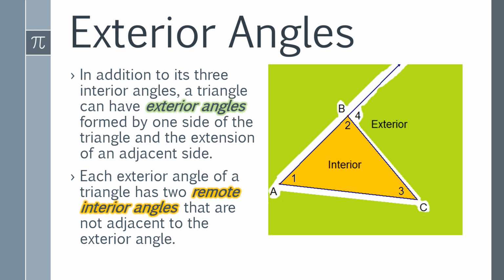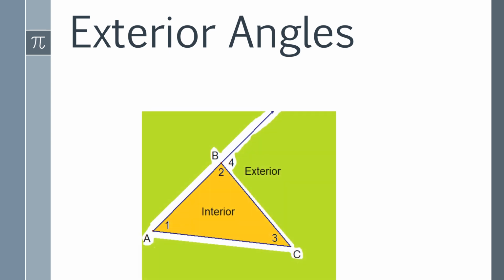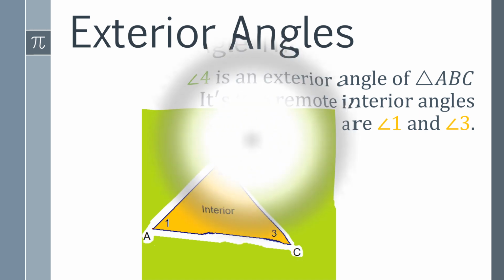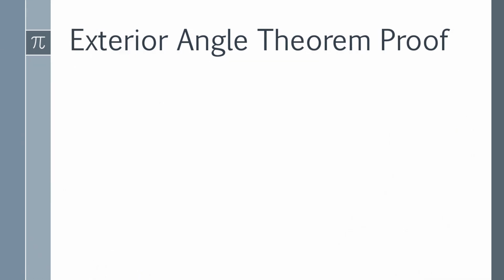They're away from angle 4. Okay, and so angle 4 is an exterior angle of triangle ABC. Its 2 remote interior angles are angle 1 and angle 3.